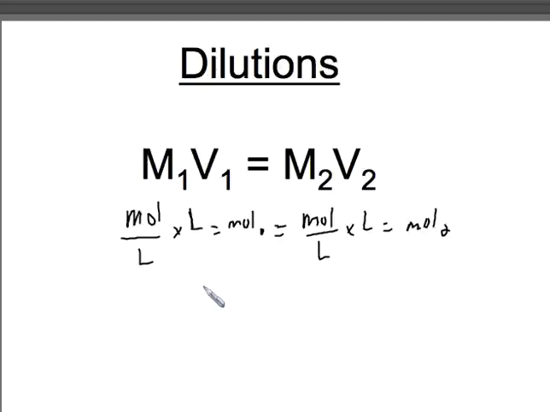Well, when we start with a certain amount of stock solution, let's say I start with a 3 molar stock solution, and I have 50 milliliters of it. If I add 50 milliliters of water, I have not added any of my solution at all.